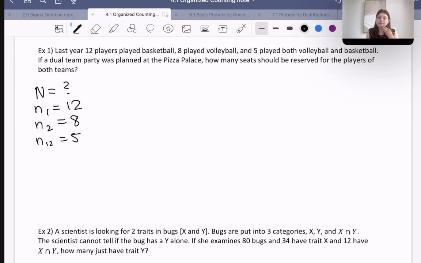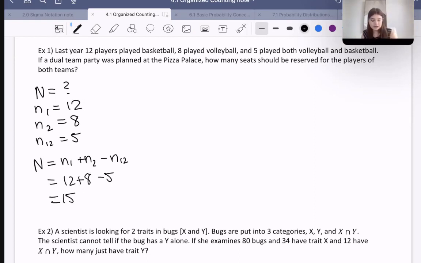So by this principle, n is equal to n1 plus n2 minus n12, right? Because the people in both are being double counted. They're being counted in n1 and in n2. So we have to subtract them off once so that they're only counted once. So here we have 12 plus 8 minus 5, which is 15.